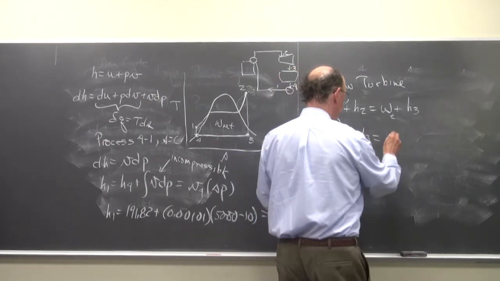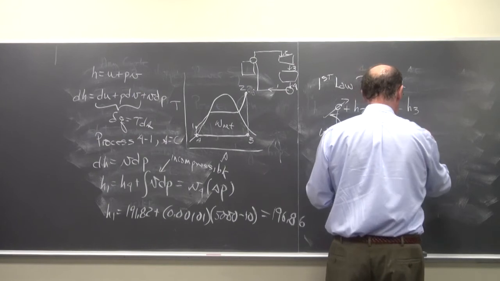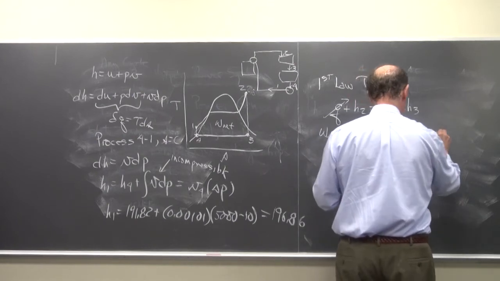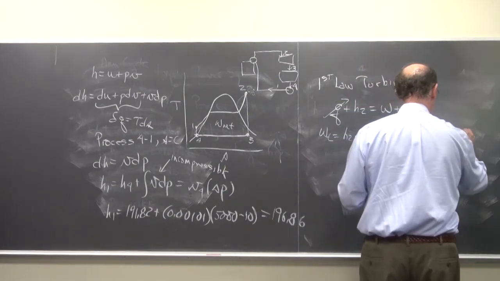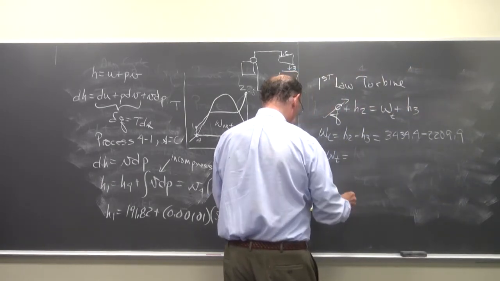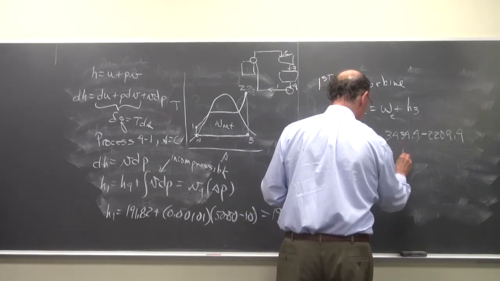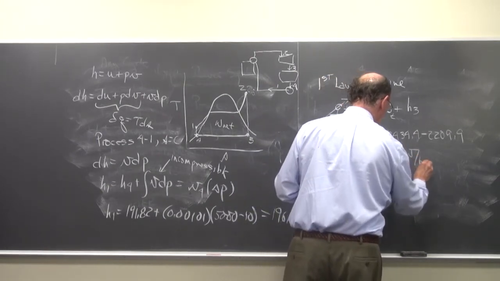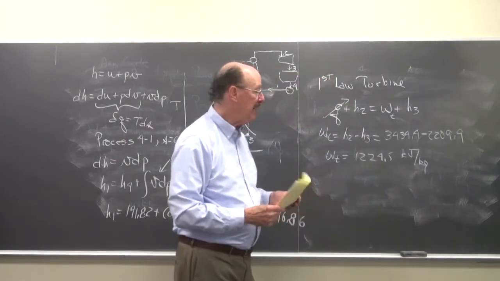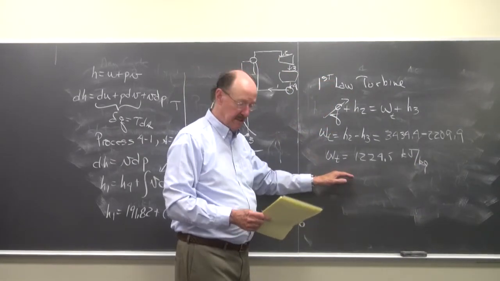If I substitute in the numbers, 3434.4 minus 2209.9, I have that WT is equal to 1224.5 kilojoules per kilogram. So for each kilogram that flows through here, this is the work that's extracted.